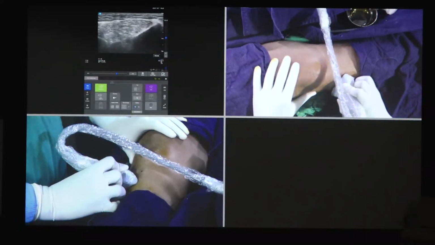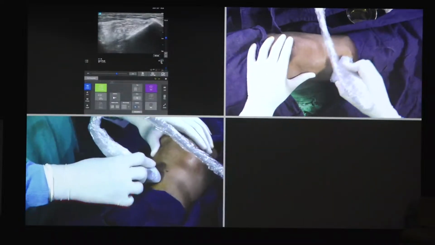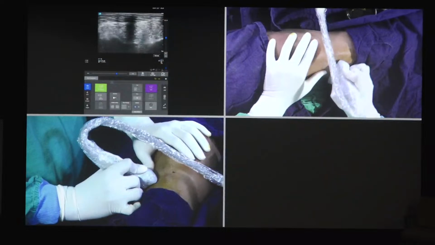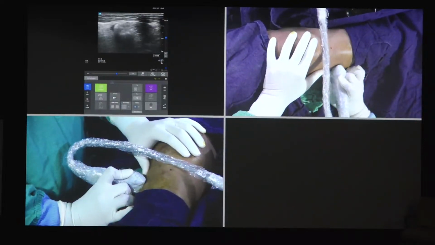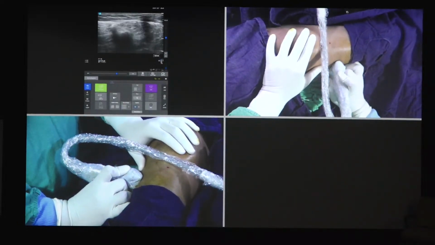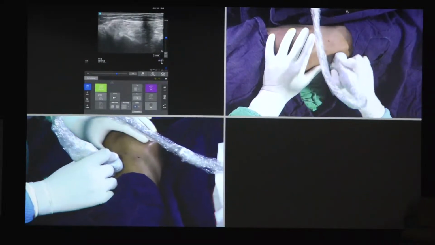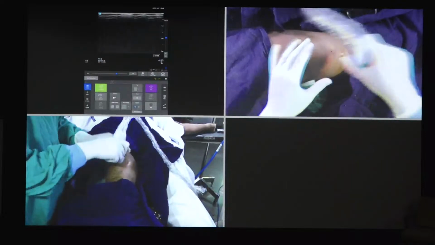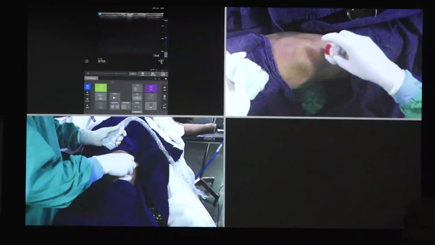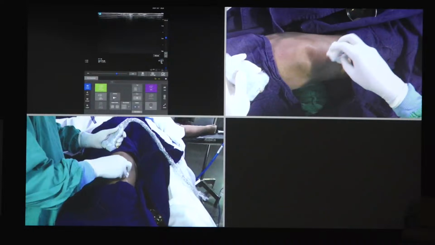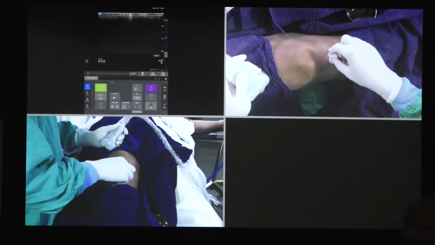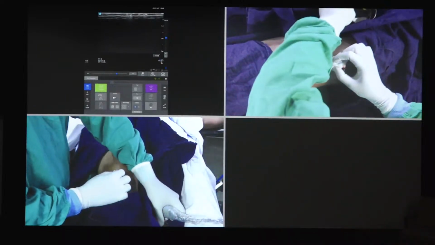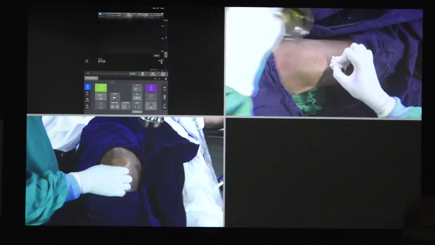And you can see that we are actually very far from the common peroneal nerve here, which is on the fibula. So this is the shaft of the fibula here, and we are very far from that. So this we do mostly when the patient has generalized knee pain, which involves medial and lateral compartment osteoarthritis. Thank you.